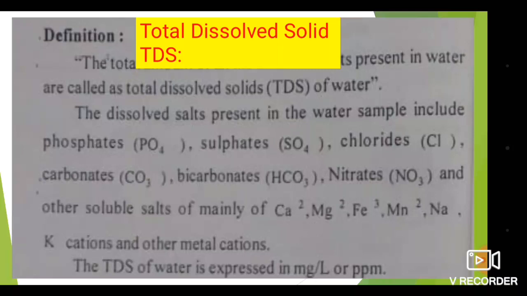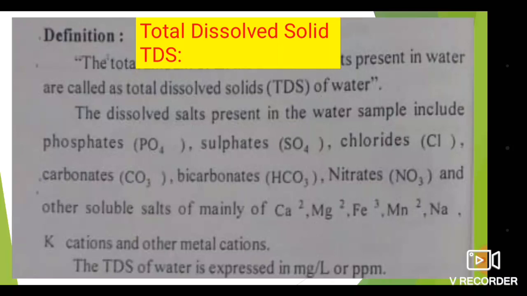The dissolved salts present in the water sample include phosphate, sulfate, chlorides, carbonates, bicarbonates, nitrates, and other soluble salts of mainly calcium, magnesium, iron, manganese, sodium, potassium, and other metal cations. The TDS of water is expressed in milligrams per liter or ppm.